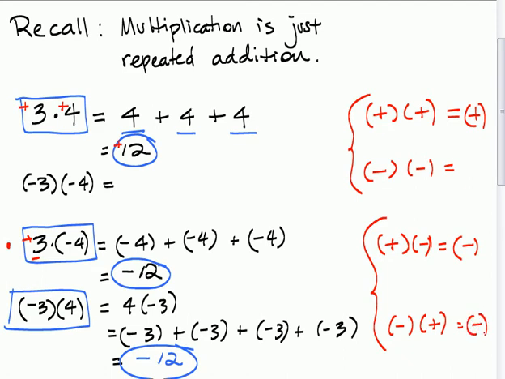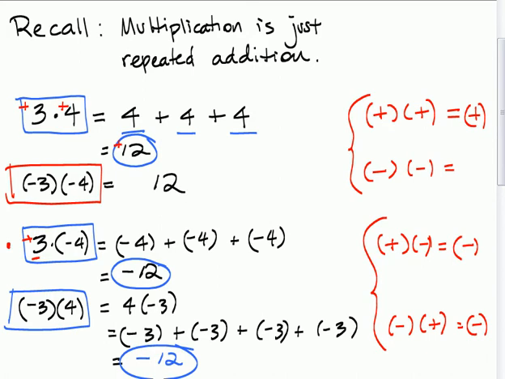Okay, going back to this second example, let's put a little red rectangle around it. Well, we can't use repeated addition here, but I'm going to revert back to, remember when we talked about negatives, and I said that it can also stand for opposites. And opposites with that negative sign just flip things around on the number line. So we agree that we're going to get 12 as an answer. Okay, now what about the sign?